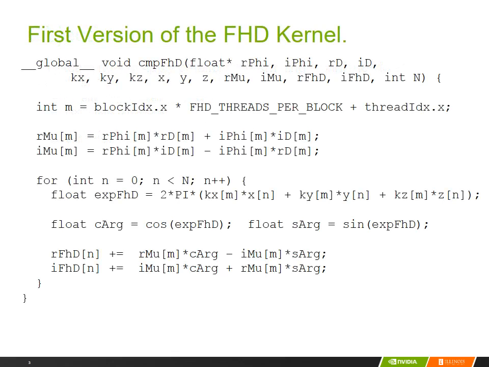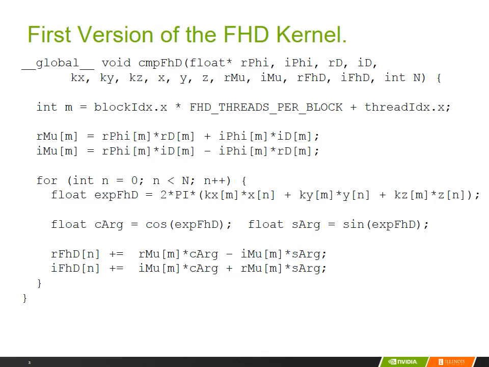This slide shows the first version of the FHD kernel based on the doubly nested loop computation structure we saw for FHD at the end of the previous lecture. For the doubly nested loop, a very natural way of developing a kernel is to have each thread compute an outer loop iteration.